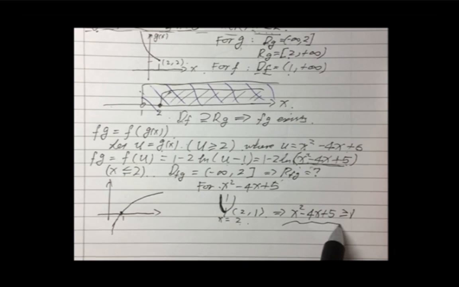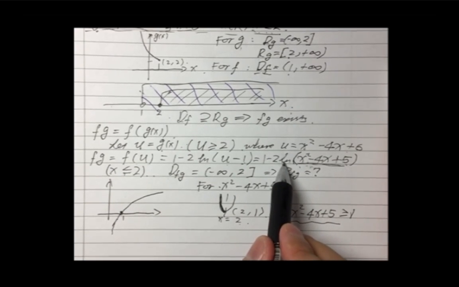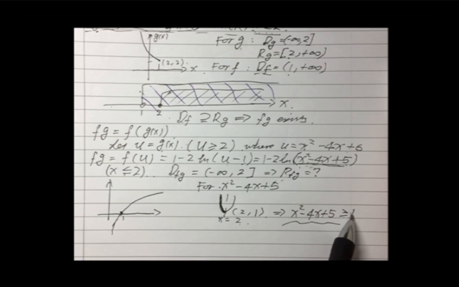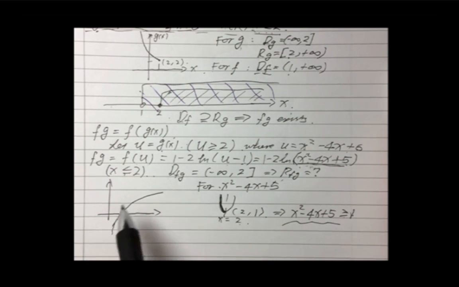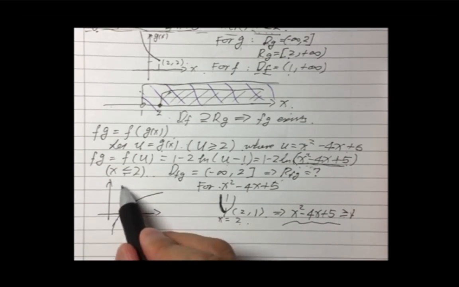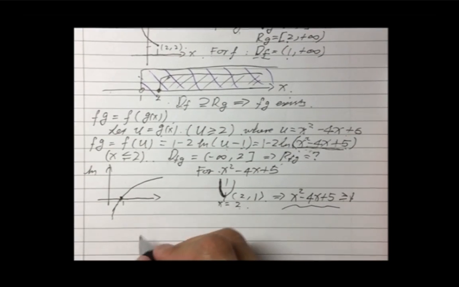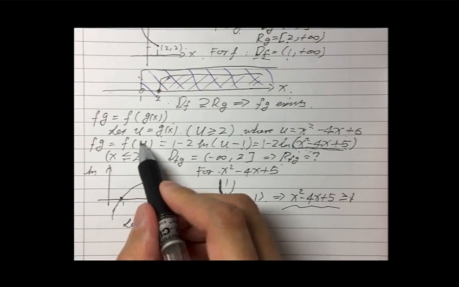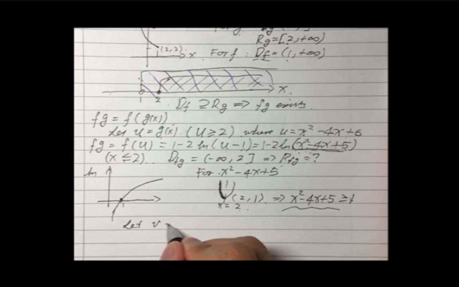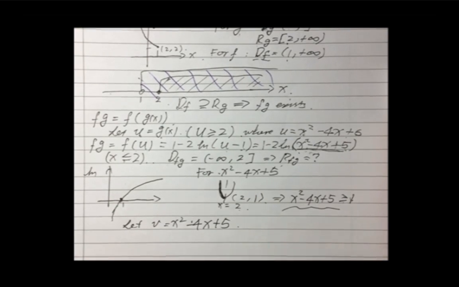So with this whole thing inside the logarithm, it must be greater than or equal to 1, right? I do some further substitution. I already used u, so I use v equals x squared minus 4x plus 5, right?